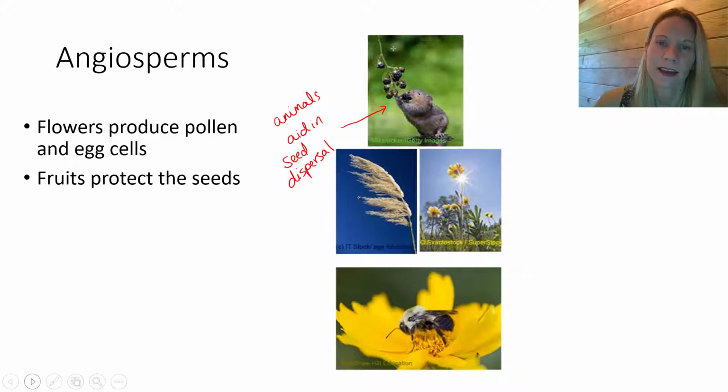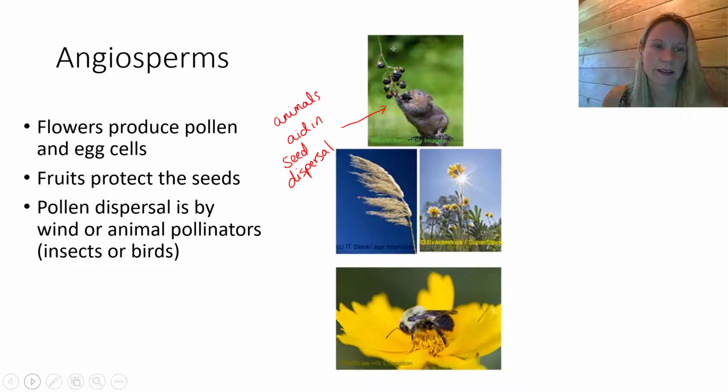Well, this animal will eat the entire fruit. In the fruit are the seeds. The seeds will not be digested in the animal's digestive tract, so the seeds will be pooped out somewhere. And it's a way to spread the seeds of the plant to other places where it wouldn't normally travel by wind.